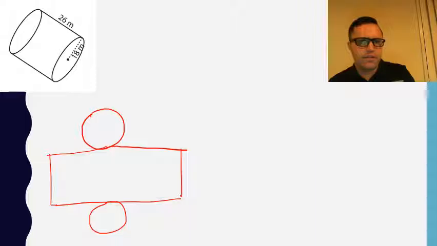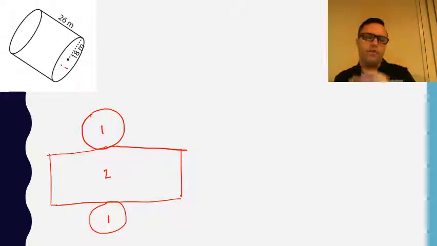Okay, so our circles we're going to call area 1, and this will be area 2. Bearing in mind that the circles are going to be exactly the same because it's sort of a right prism. Now, let's think about what we've got here.